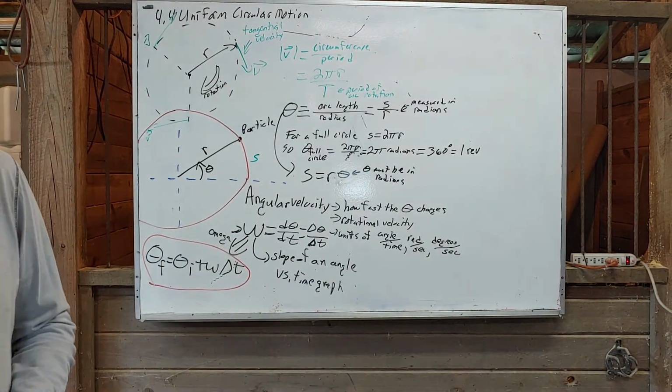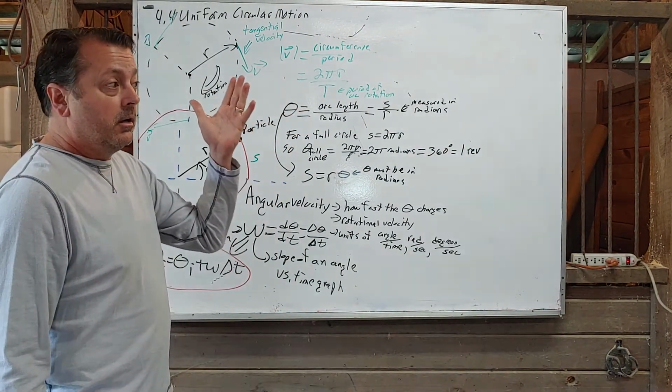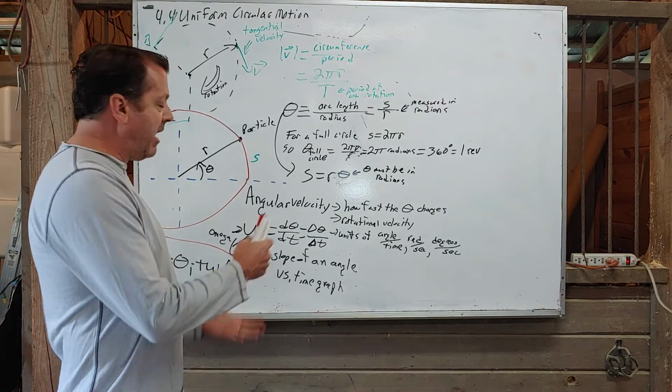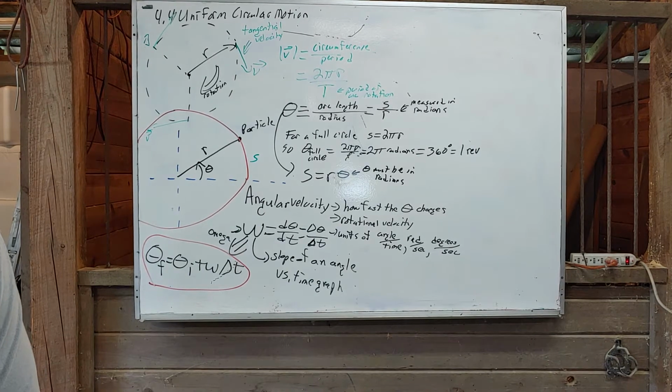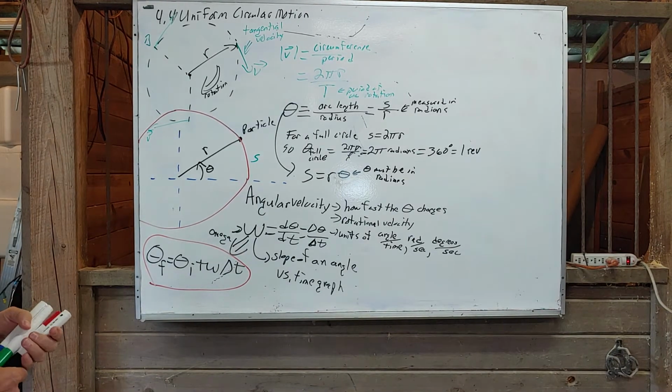So this is an equation just like we had for linear motion, the same for angular motion. And we could graph this out. And then they do graphs. Example 4.10 does graphs on this. All right.